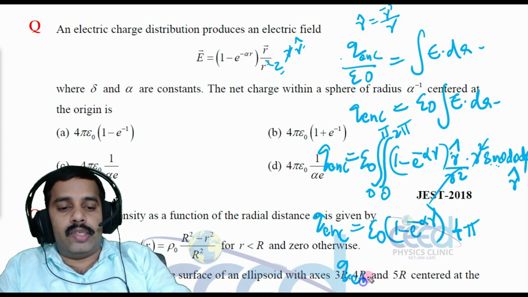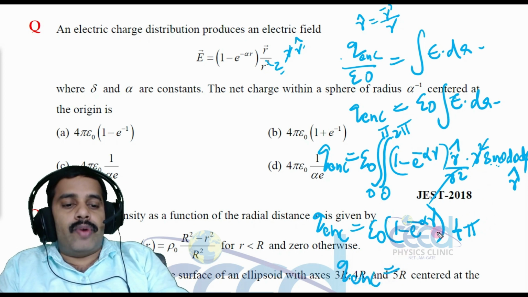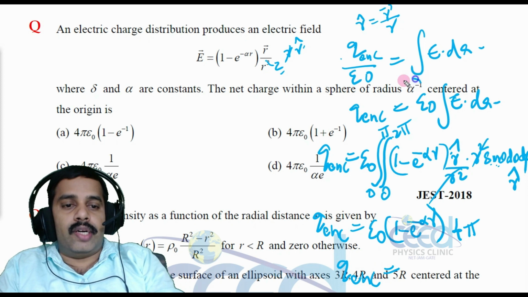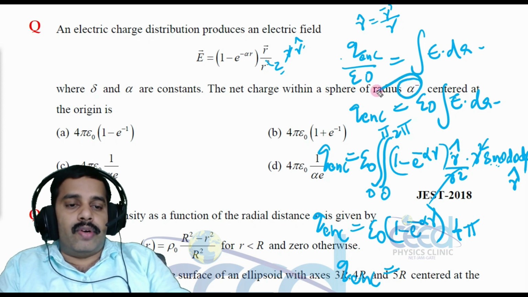So Q enclosed is equal to, we need to find that R is equal to 1 by alpha. Radius should be 1 by alpha, alpha raised to minus 1. So when I substitute this value 1 by alpha, this is equal to epsilon 0 into 1 minus e raised to minus alpha times 1 by alpha.